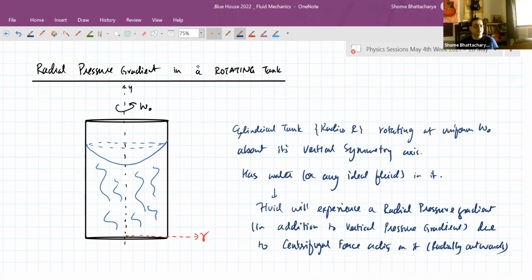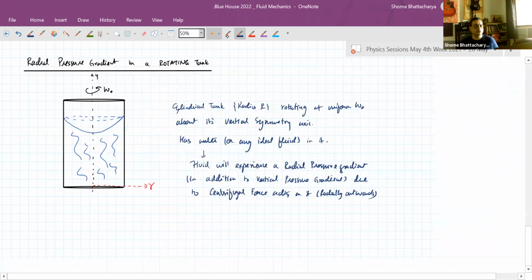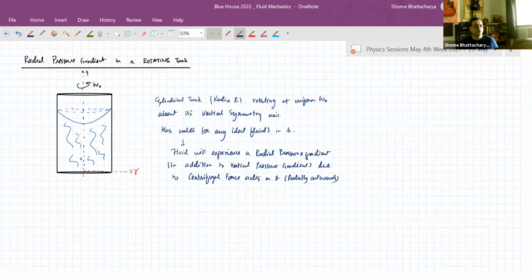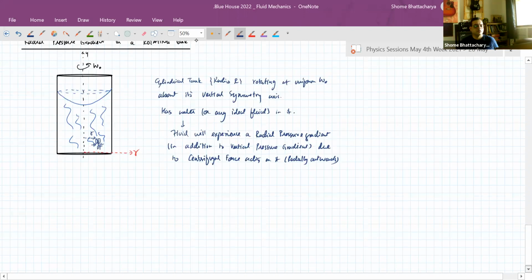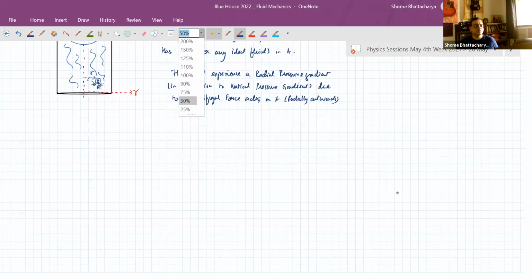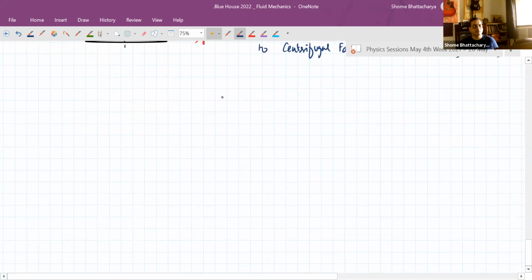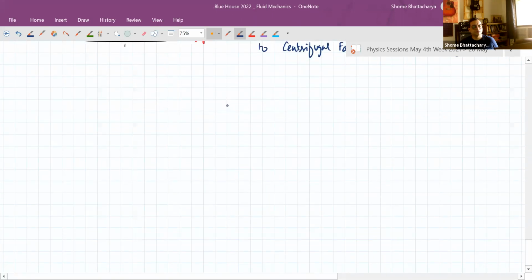Okay. Now to understand this radial pressure gradient, what we will do is we will consider a volume element of fluid over here, which is of thickness dr. So we will consider that volume element of fluid's free body diagram in the non-inertial frame, which is in this case the rotating frame.